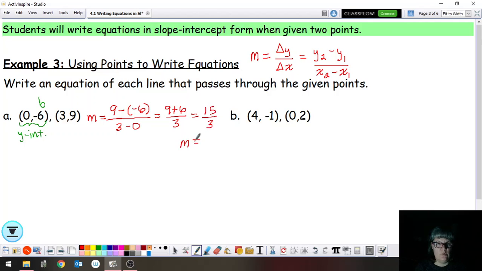And we have a slope of 5 when I simplify 15 over 3. When I write my equation, we have 5 for m, so y equals 5x, and we have -6 for b.